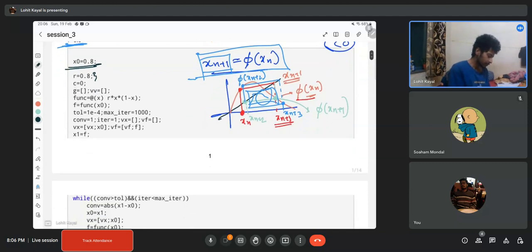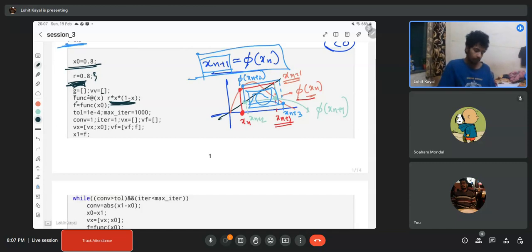You do not need to consider c, some arbitrary thing. I haven't used it in my code. Here g and vv are two vectors I have initialized, and I will later modify them. Here I am defining the function, r times x times 1 minus x.